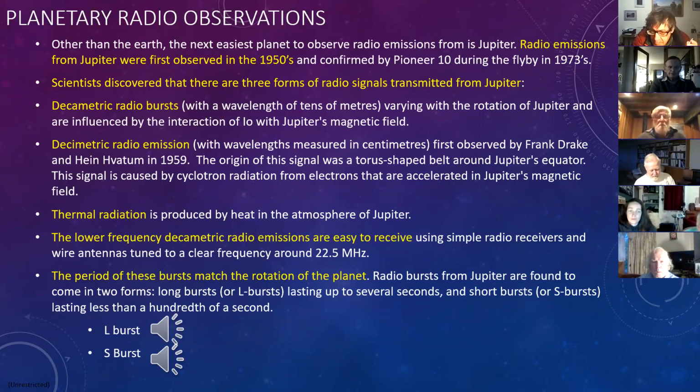So we're going to focus on the lower frequency range around 22.5 megahertz, and that's really easy to look at. So let's first have a look and see what they actually sound like. We'll look at the L burst first.